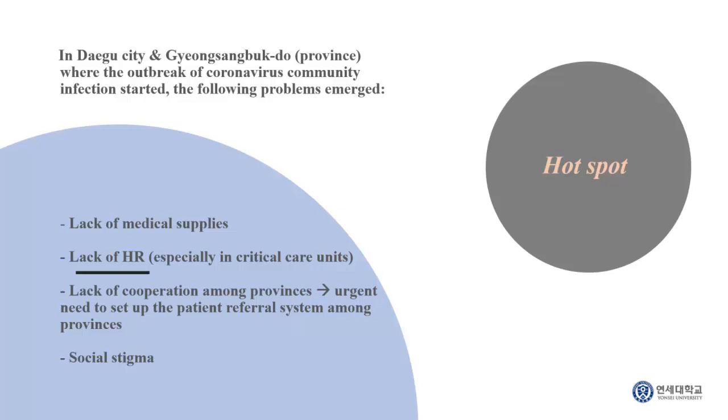In Daegu City and Gyeongsangbuk-do province, where the community infection outbreak started, the following problems emerged: lack of medical supplies, lack of human resources, because the doctors and nurses are fully exhausted with the workload of the last several months, lack of cooperation among provinces, and social stigma. They had to fight social stigma toward that area.